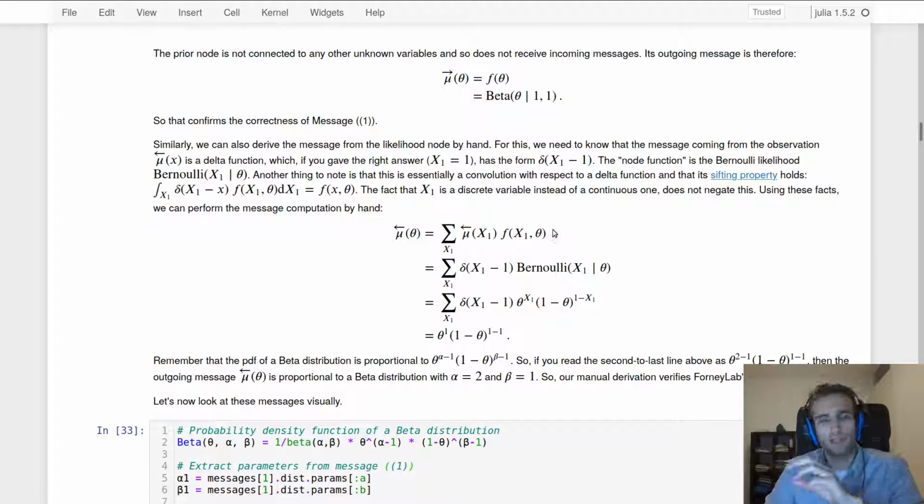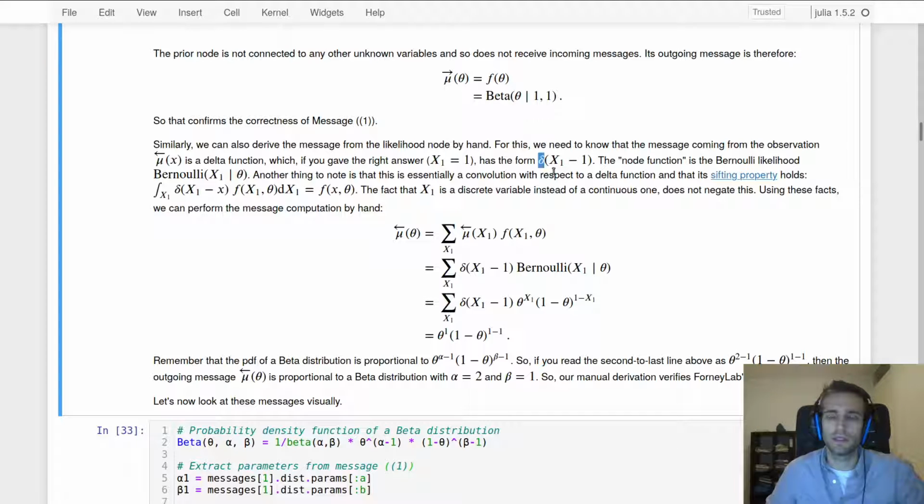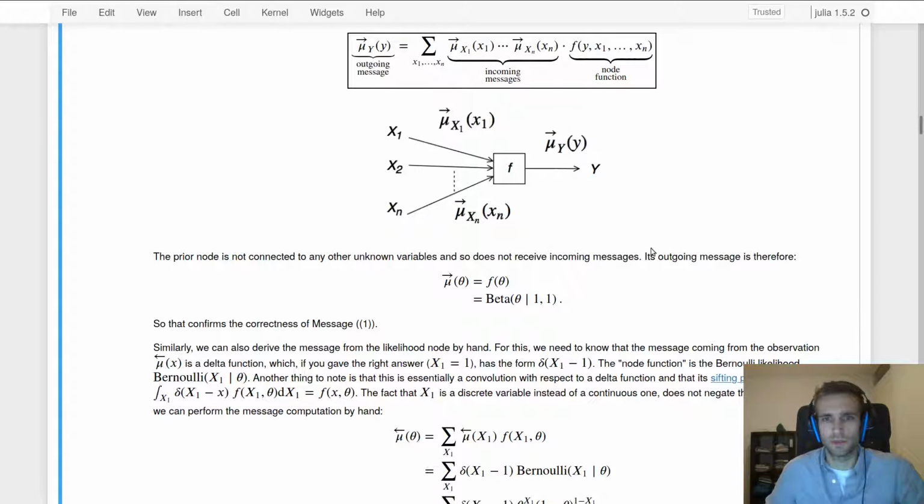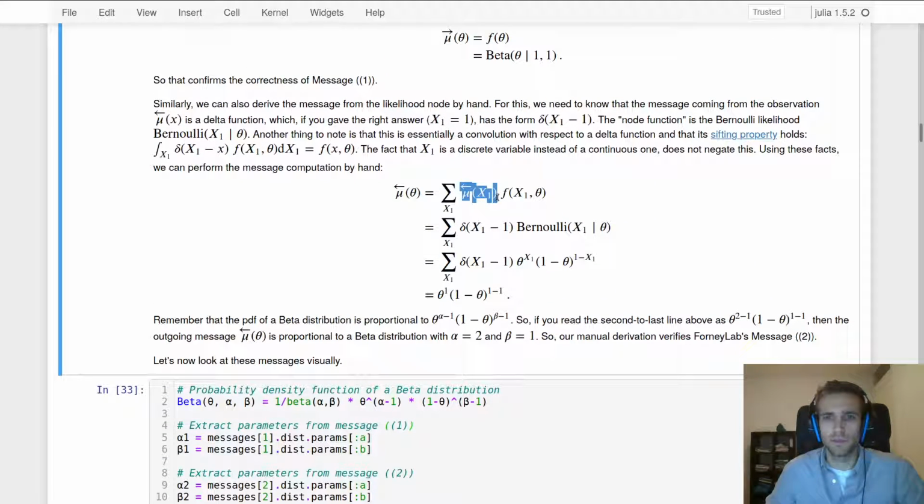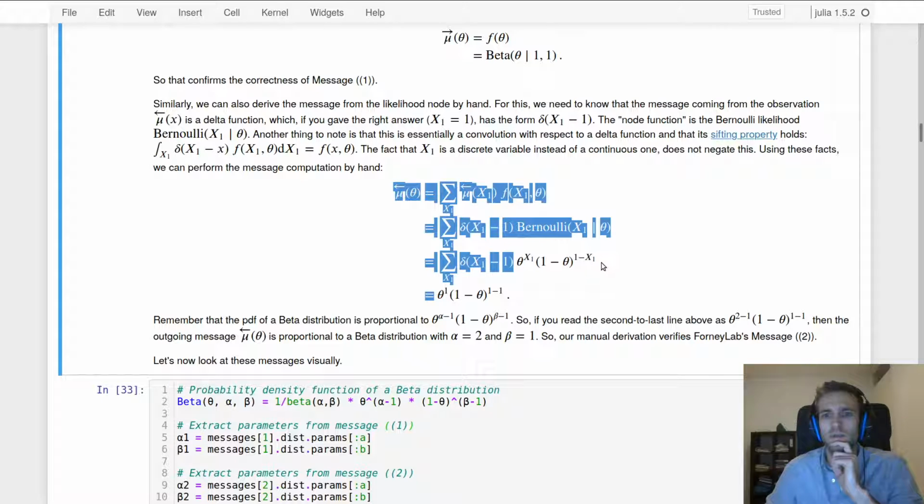Similarly, we can derive that second message from the likelihood node by hand. For this, you need to know that if a variable is observed, then we say that it has a direct delta distribution, where the variable x1 has the value 1. Bert also talks about this direct delta distribution, so have a look there if you're puzzled by this. So if we apply that general rule for sum product message passing, we take this message from the observed variable x1, which is that delta spike, and then we take the factor node function, which is Bernoulli, resulting in this functional form.